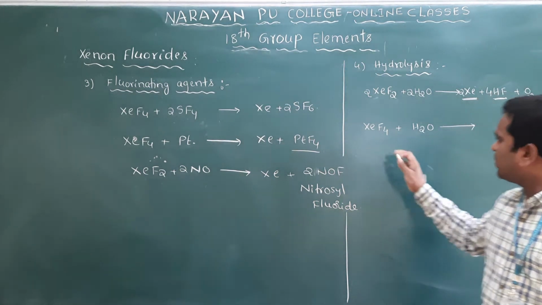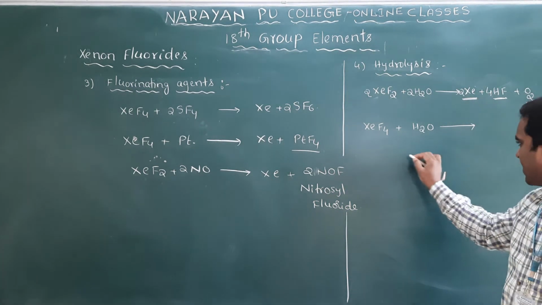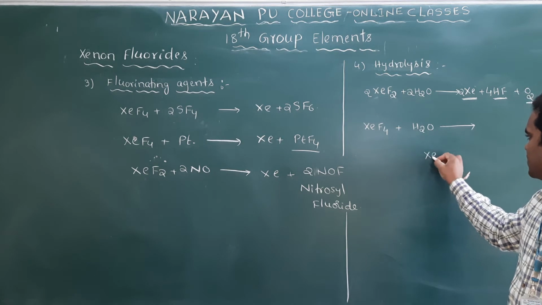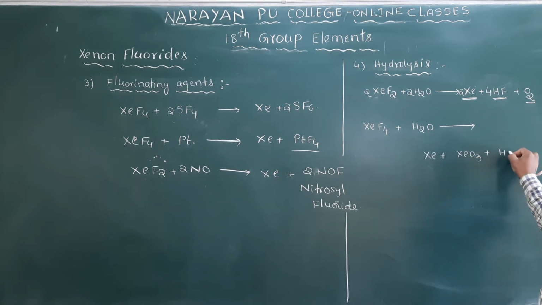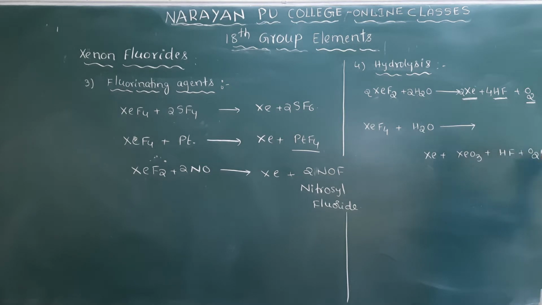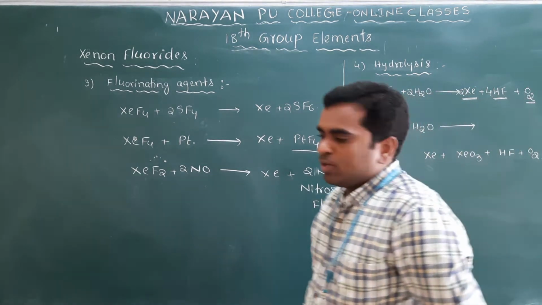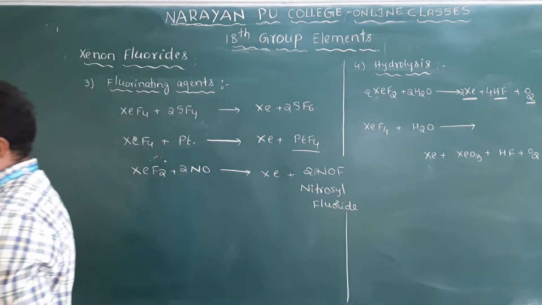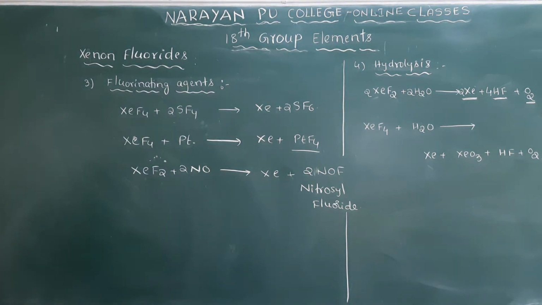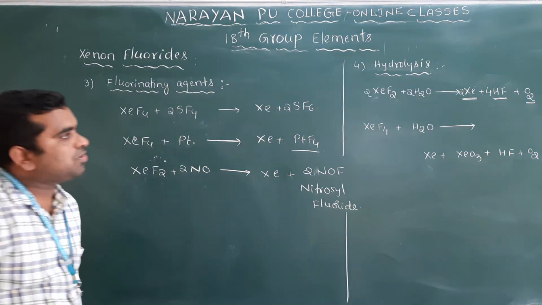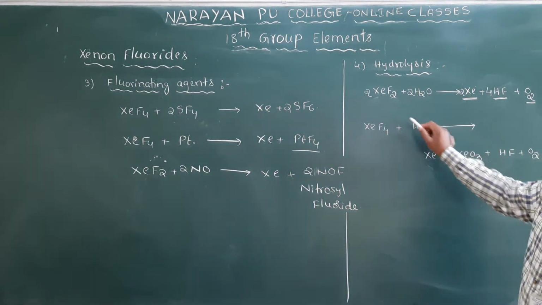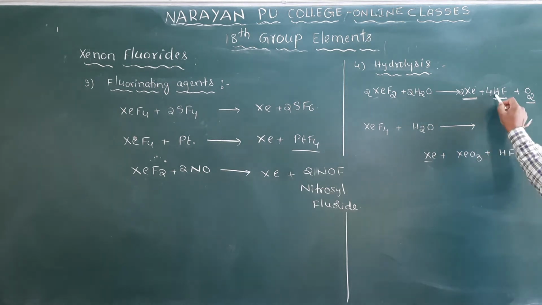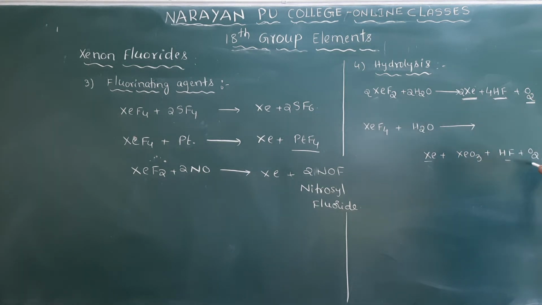I will write the products down: xenon, XeO3, HF and oxygen. You see that in this case all compounds are the same as for xenon difluoride, but one extra is coming.